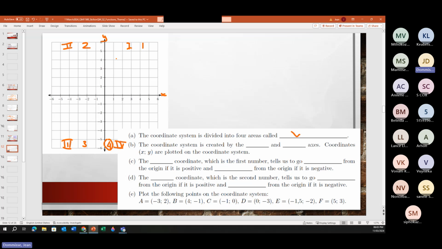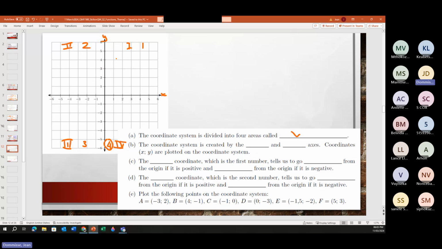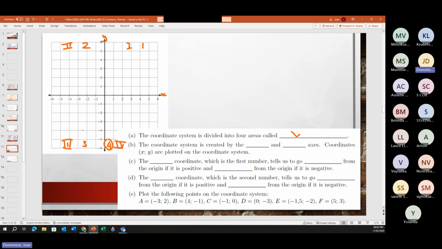Sometimes, when you look at economics and some of the other subjects, they might also use Q and P for quantity and price.